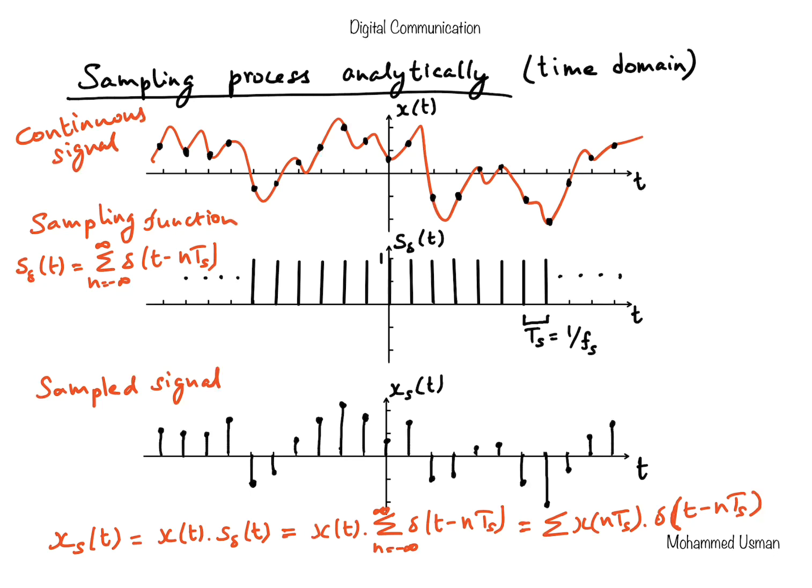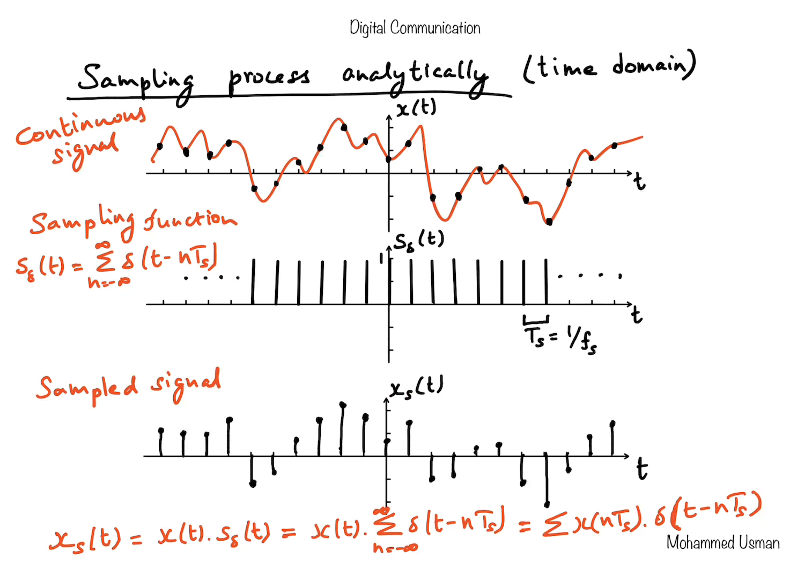So we are looking at this process in the time domain, where we have the time domain continuous signal x of t and the time domain impulse train, which we call the sampling function. And when we multiply these two, we get our sample signal, which we denote as x subscript s of t.